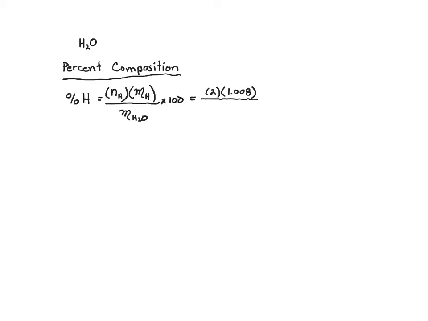And then the molar mass of water we calculated to be 18.02. Then multiply that by 100. So let's put this in the calculator. And I wind up with 0. Actually, no, not 0. Forgot to multiply it by 100.